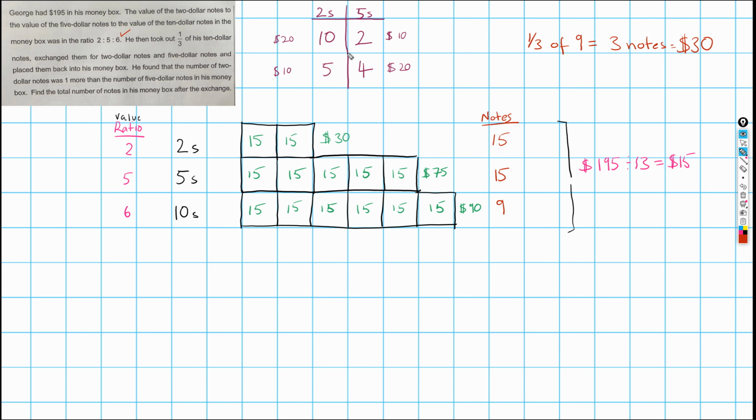If this is what I think we're doing, we're exchanging our 3 $10 notes for 4 5s and 5 2s. So to this, we're going to add 5, which gives us 20 altogether. To the 15 $5 notes, we're going to add 4 more, which gives us 19 notes.